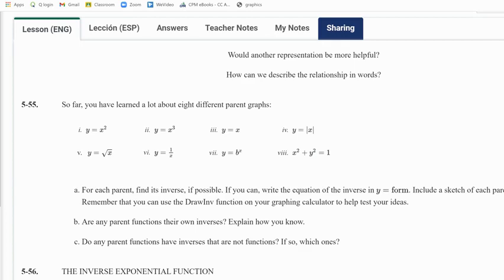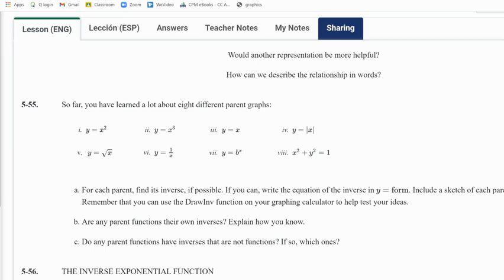Okay, so you guys will go ahead and do part A, and then for part B, it asks, are there any parent functions that are their own inverses? Explain how you know. What that means is when you graph it, or when you find the equation, it's exactly like the original parent function, and there possibly will be some.